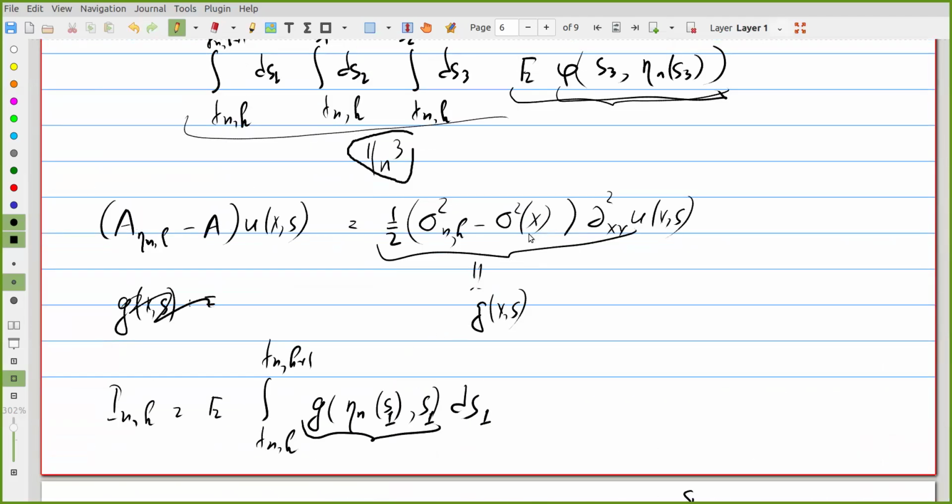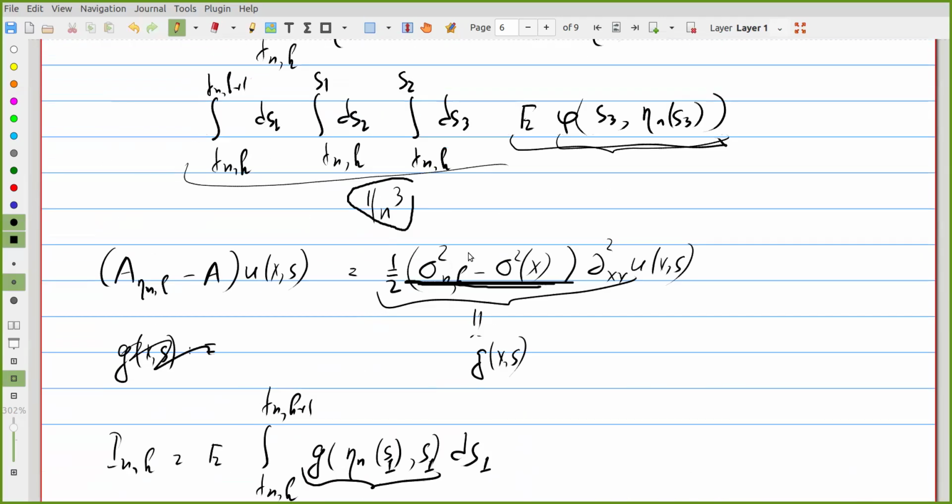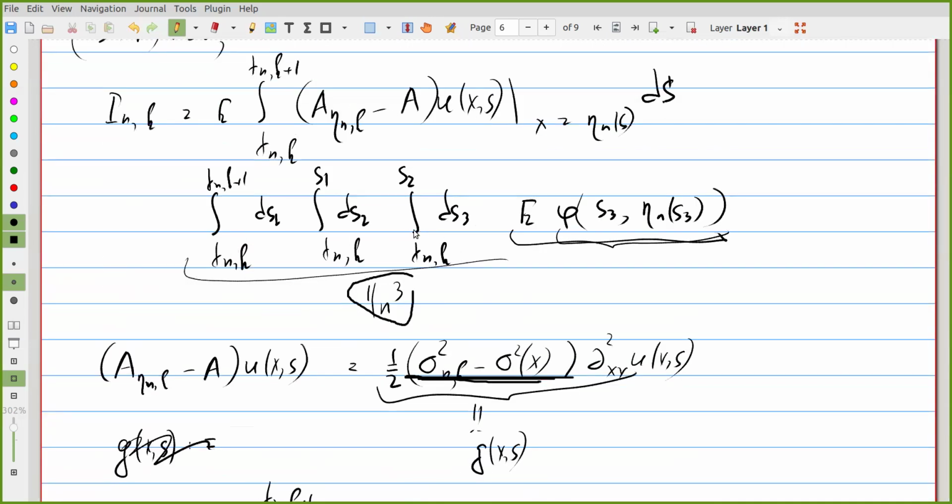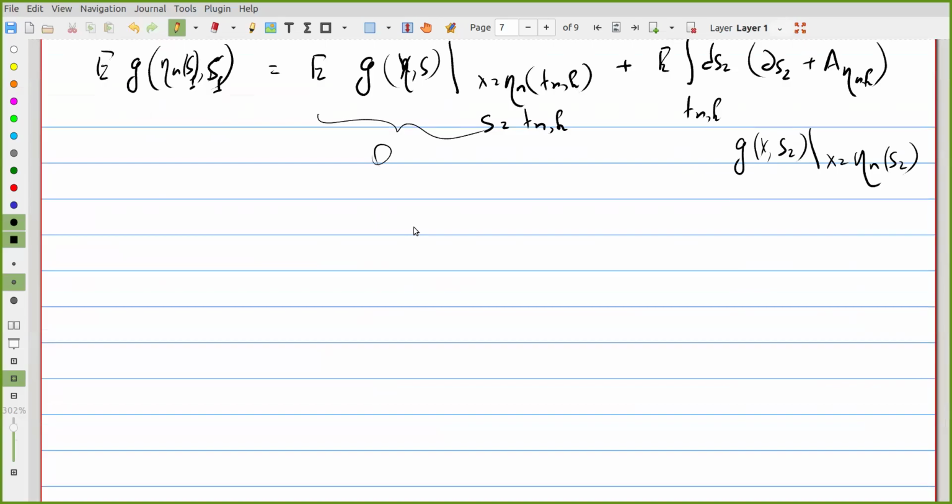Why? Because we're going to substitute in this expression something, and x is going to be equal to η_nk, but this is just 0. So this is why we have at least the second integral of this decomposition. This is exactly what we are going to have.